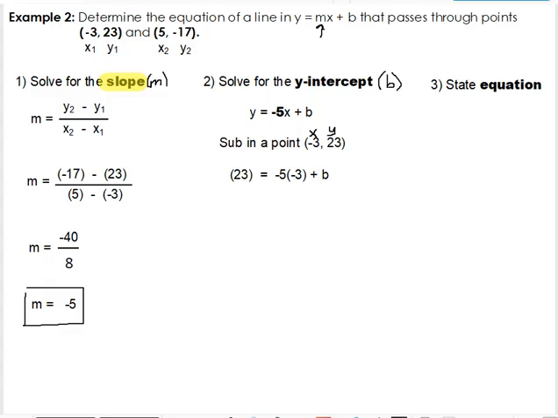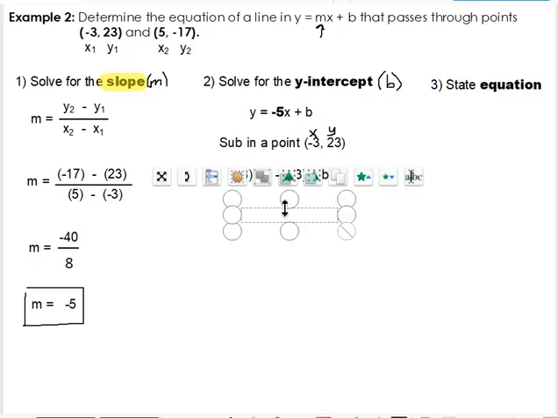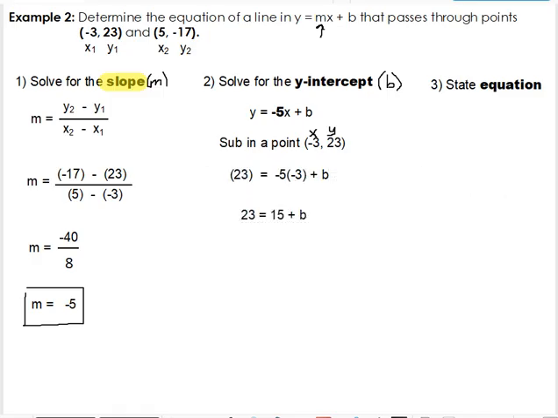And off we go. We'll replace these values. So instead of y equals, it's 23 equals -5 times -3. That's why we put brackets around that, plus b. We'll simplify the -5 times -3, and that ends up being positive 15. So we have 23 equals positive 15 plus b. To solve this equation, we're going to take away 15 from each side. What we're left with is 8 equals b.